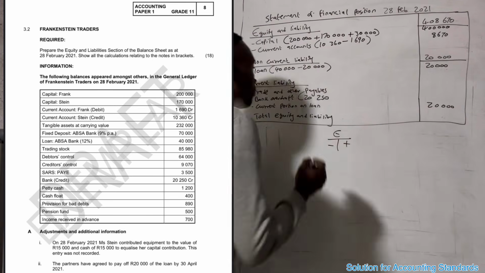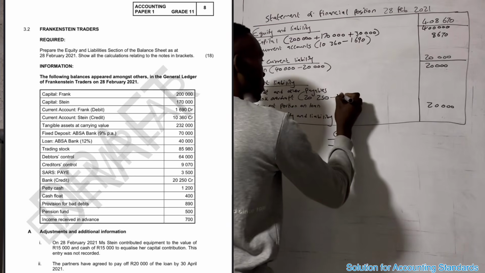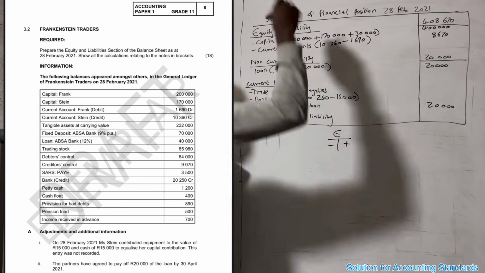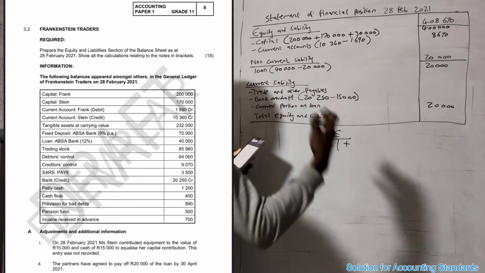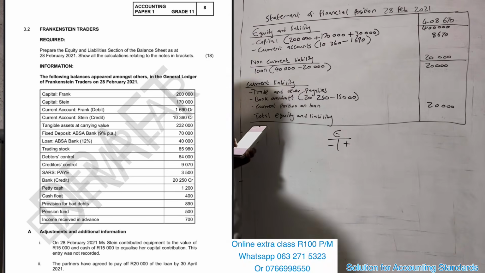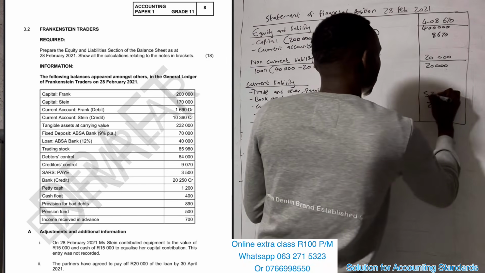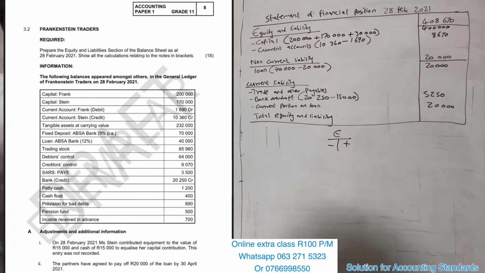That cash, obviously, the bank is going to take it, minus 15,000. It's going to take it first before it goes to the bank, because we owe the bank overdraft, we owe the bank. Okay, and it's going to give us 5,250.